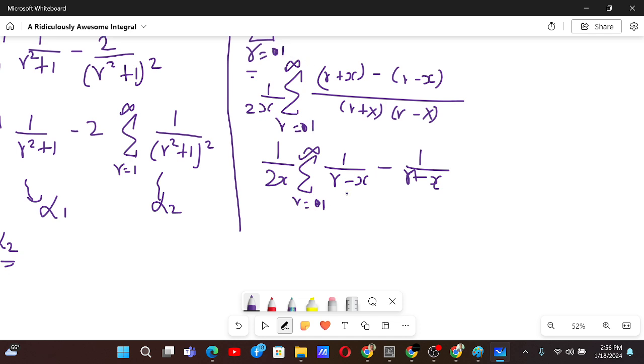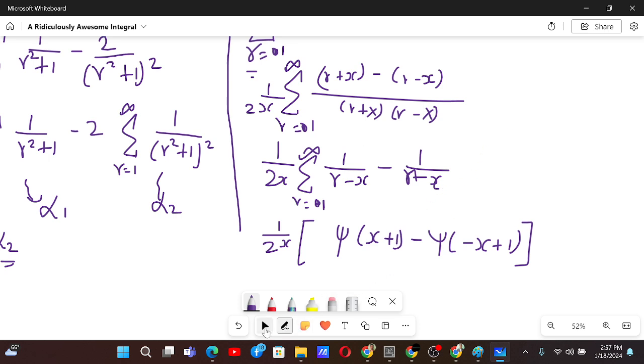If it's from 1 to infinity, this sum will be equal to digamma of x plus 1 minus digamma of minus x plus 1. So this is a property from the digamma function, and the reason is simple.